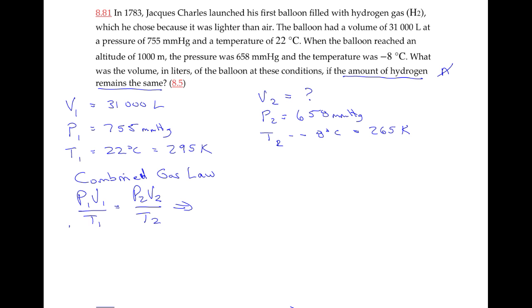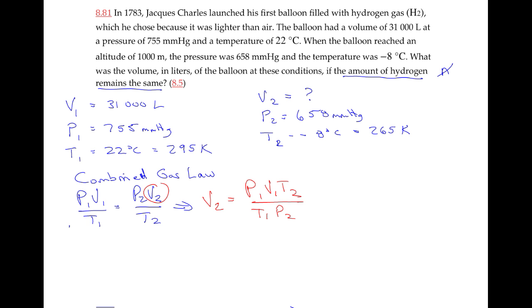So if I circle V2, V2 is going to be equal to P1 times V1 multiplied by T2, and then I divide that by T1 times P2. Hopefully you can solve that in your head. If you can't, that's okay. You can just cross multiply and cancel out the variables.